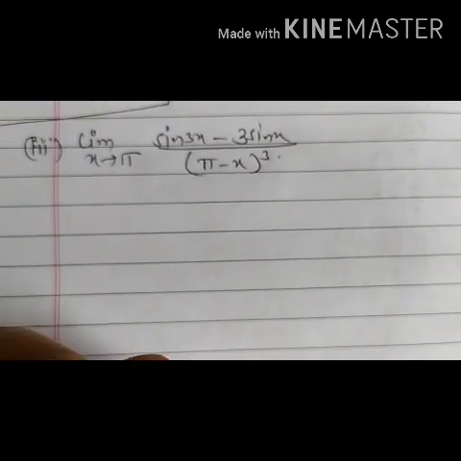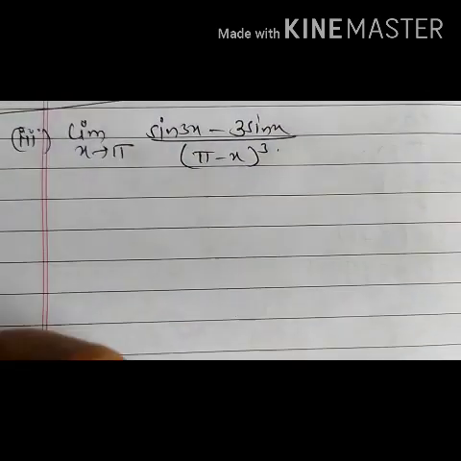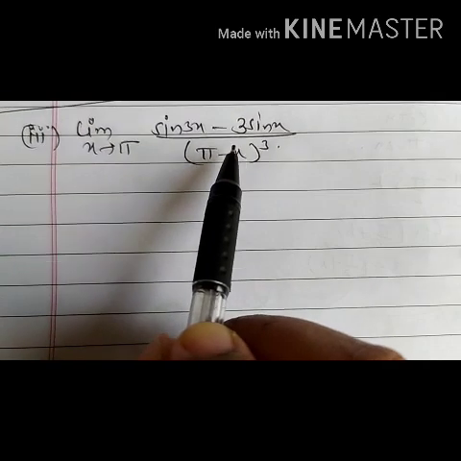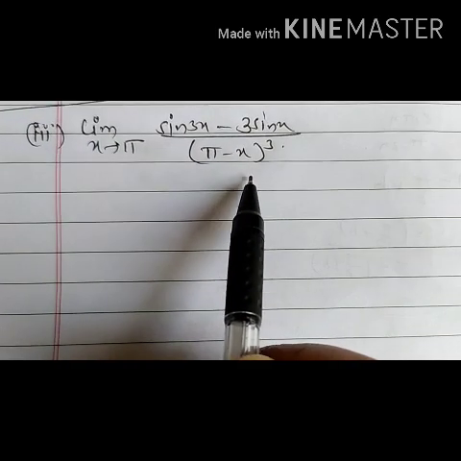Now the third example: limit as x tends to pi of sin 3x minus 3 sin x upon pi minus x whole cube.